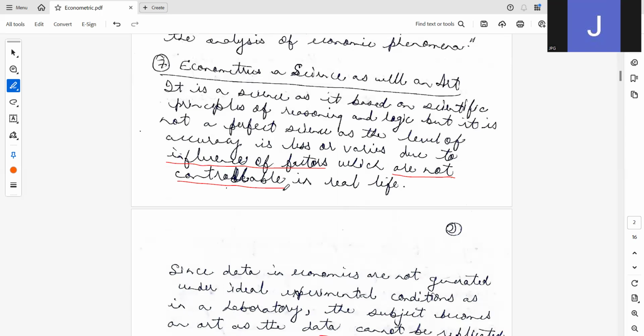Now, just the way we look at whether economics is a science or an art, the same thing applies for econometrics also. Since we are saying that it is something in which something can be measured, right? And science, as we all know, is based on scientific principles of reasoning and logic. Science is not merely a collection of facts, where you have collected some facts and you say it is science.